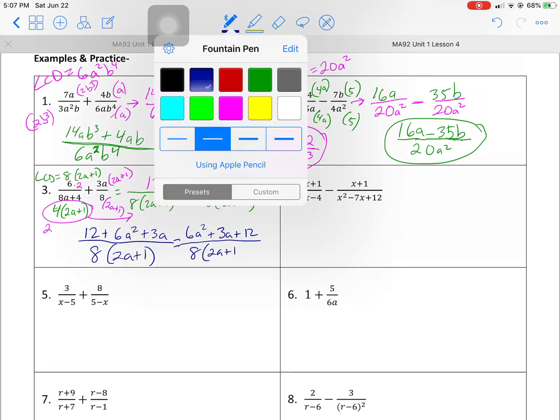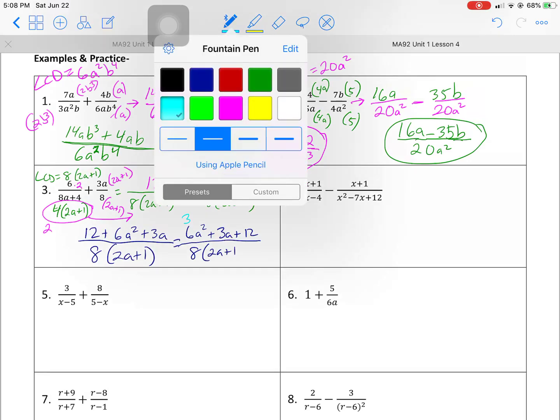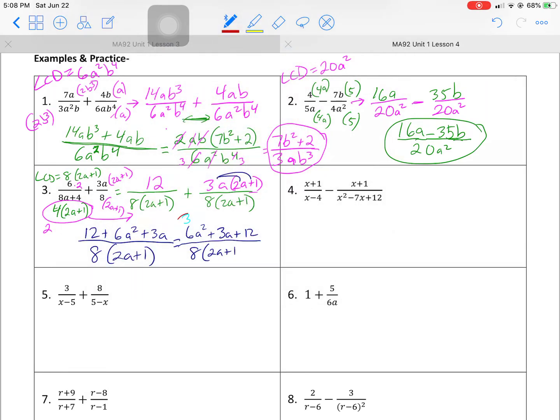Let's see, greatest common factor would be 3. Let's do the red. 3. If I take a 3 out, what do I got left? I got a 2a squared plus a plus 4.